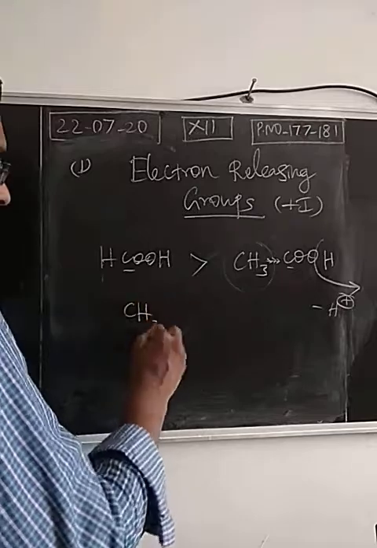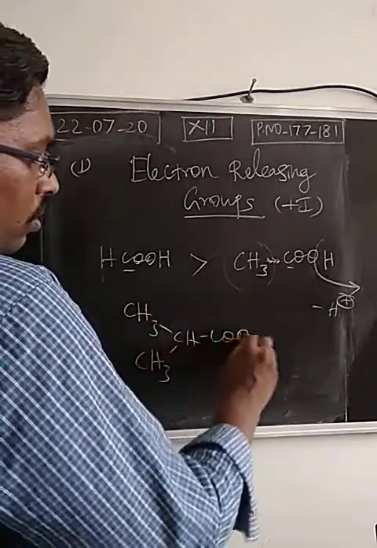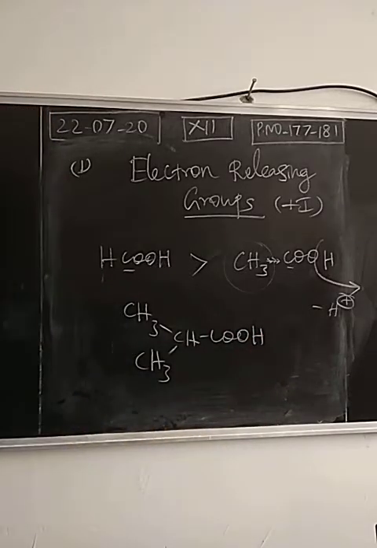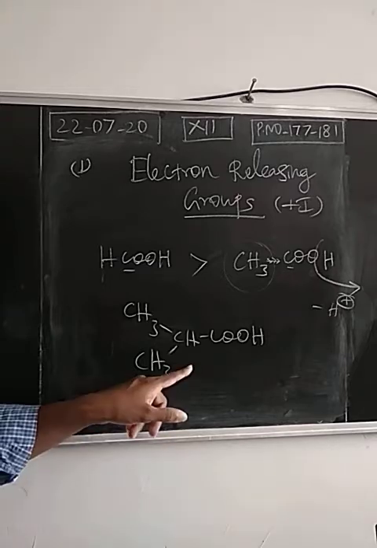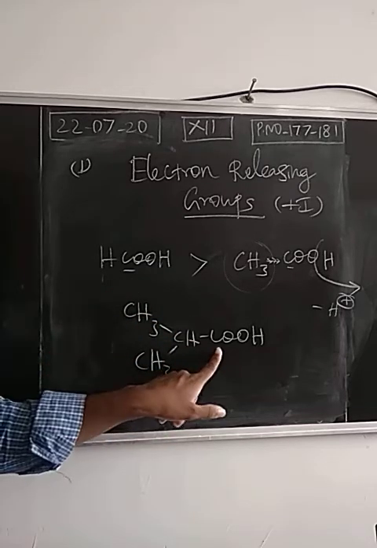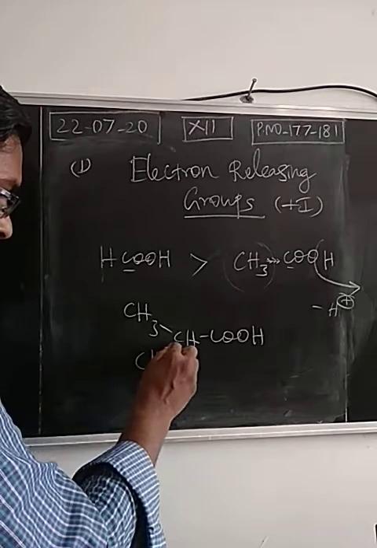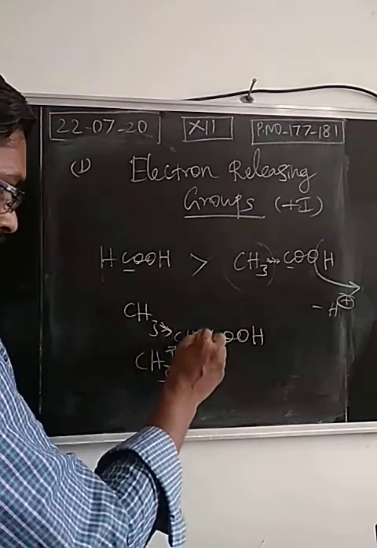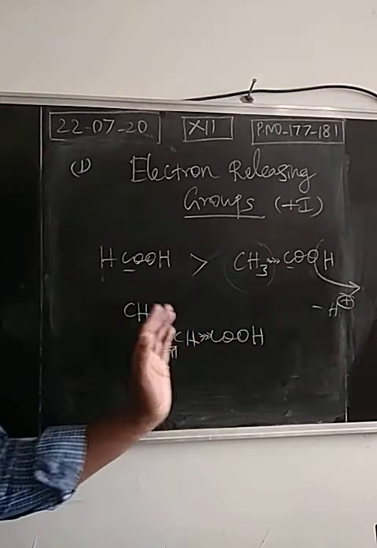Take isobutyric acid. Now we have an isobutyl group. So this is an isopropyl group with a carboxylic acid group. This is somewhat heavier group. Comparing with methyl, this is a bulky group. So here the electron releasing nature will be more. 2 methyl groups are releasing electrons.